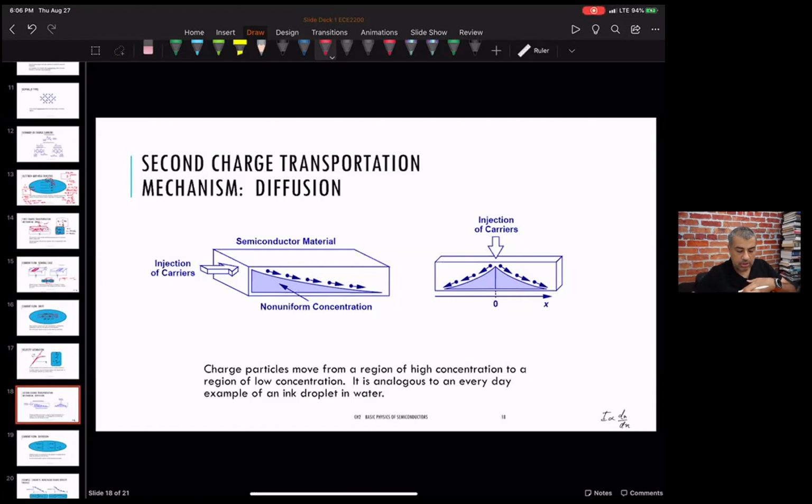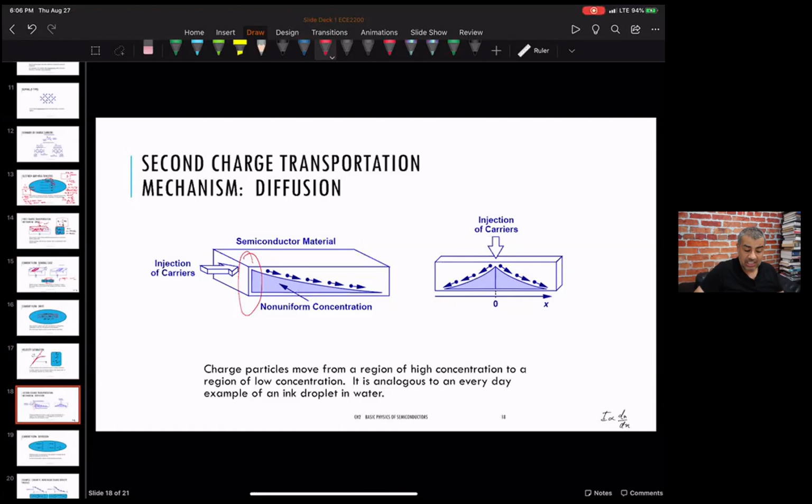Okay. And the same thing is true in a semiconductor. Let's say you have a piece of semiconductor and somehow, and we'll see how, you magically end up injecting a bunch of carriers on one side of this thing.